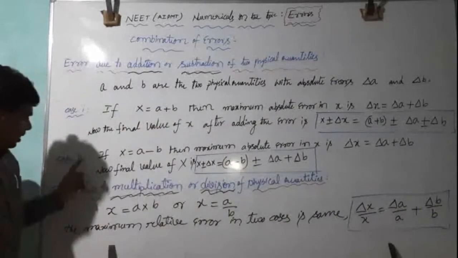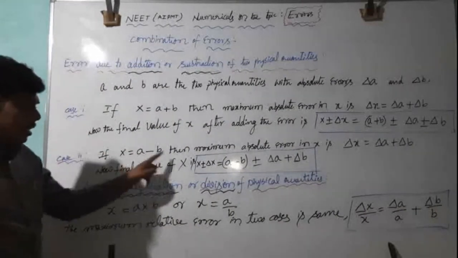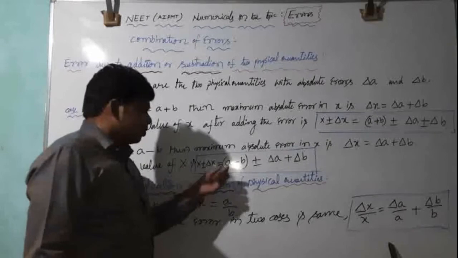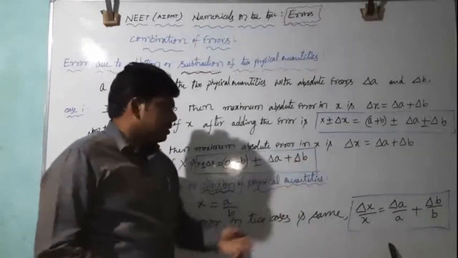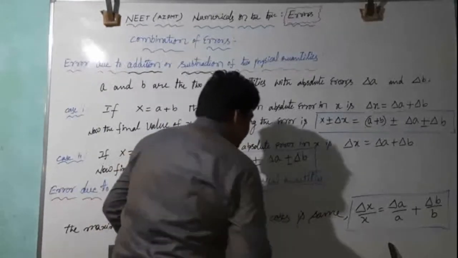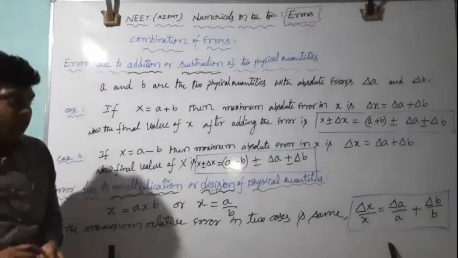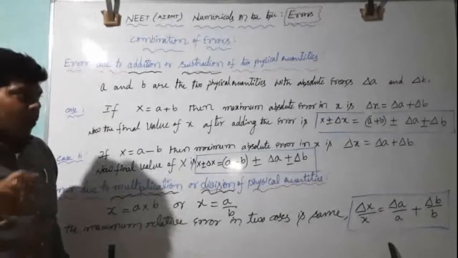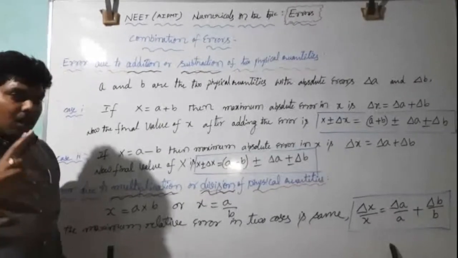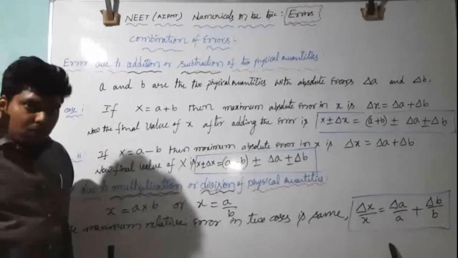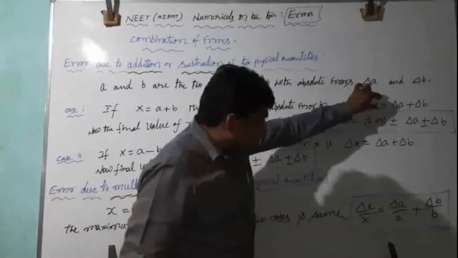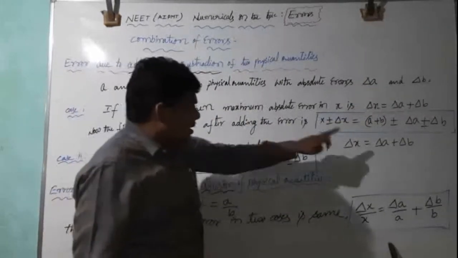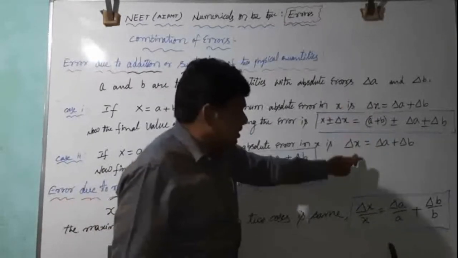Similarly, in the second case, x is equals to A minus B. X plus or minus delta x is equals to A minus B plus or minus delta A plus or minus delta B. You should remember one difference. When you are going to find the absolute error in the x, that is delta x, delta x in the two cases is the same only.